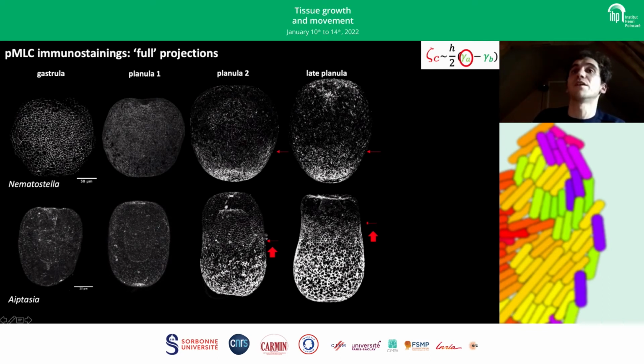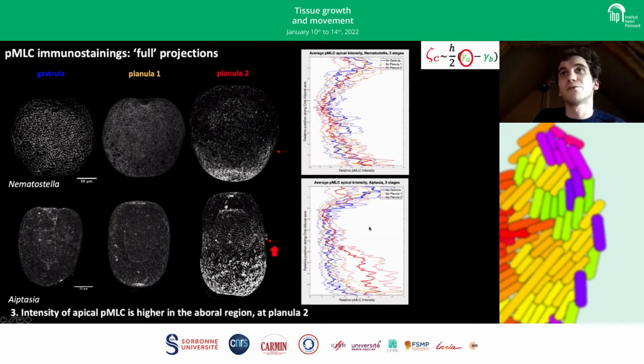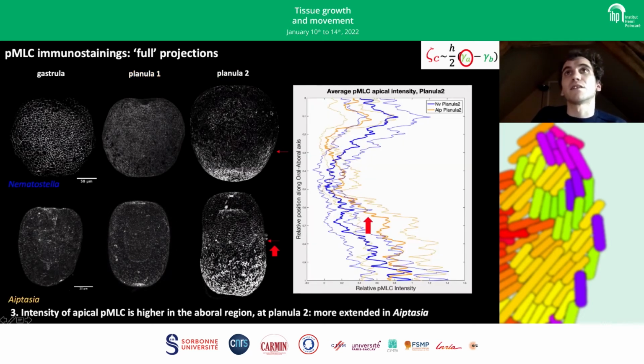Sometimes I have some late planulas of Aptasia whose phosphorylation of myosin goes very high and takes more than 3/4 of the animal. So here are a few quantifications. And here, at planula 2, you can see that in Aptasia, in orange, this aboral region with more intense phosphorylation of myosin is more extended.